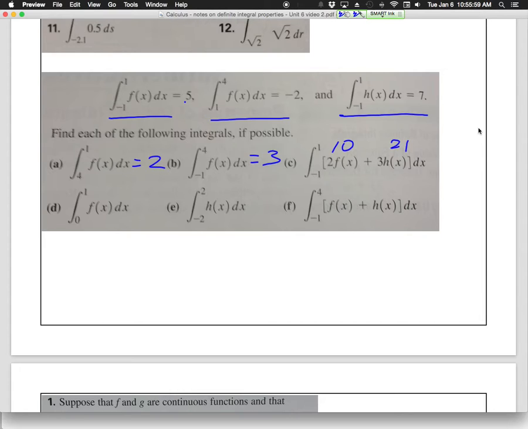All right, Chelsea, what do you think about part D, the integral from 0 to 1 of f of x dx? Pauline, what do you think about that one?